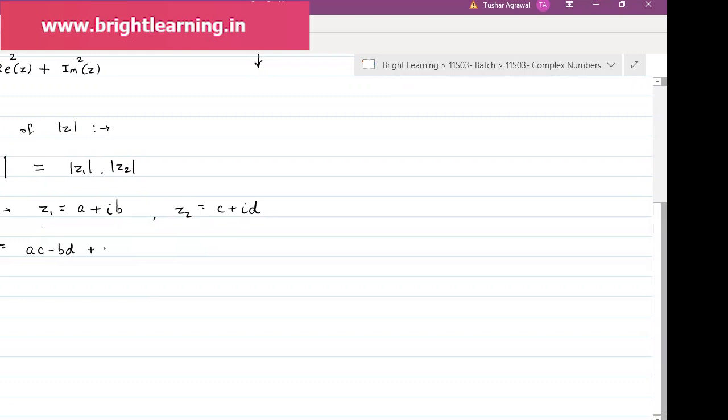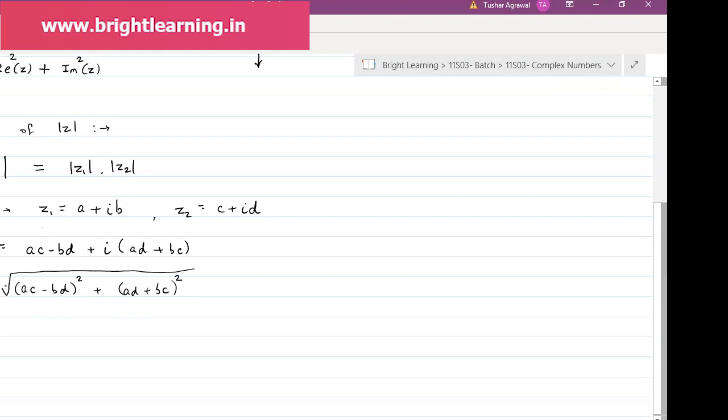And the imaginary part is ad plus bc. So modulus of z1 z2 will be the square root of (ac minus bd) whole square plus (ad plus bc) whole square.